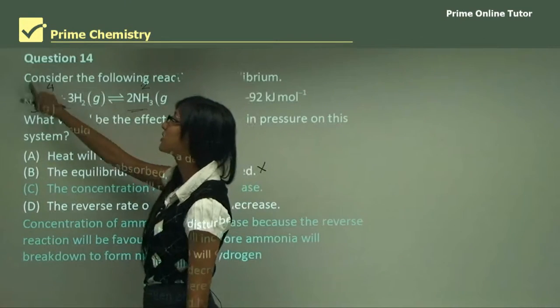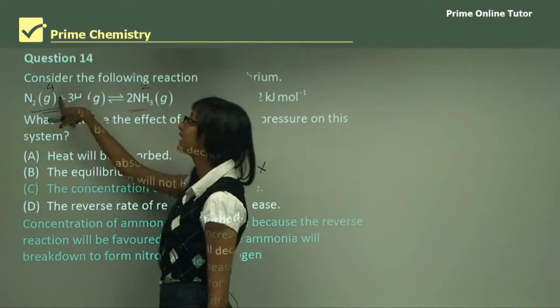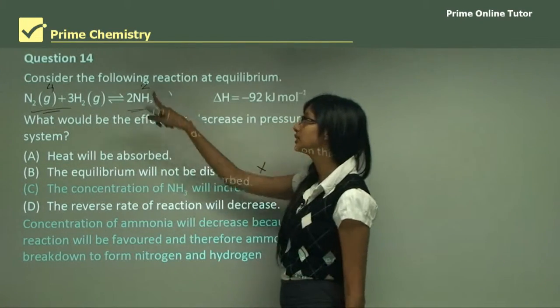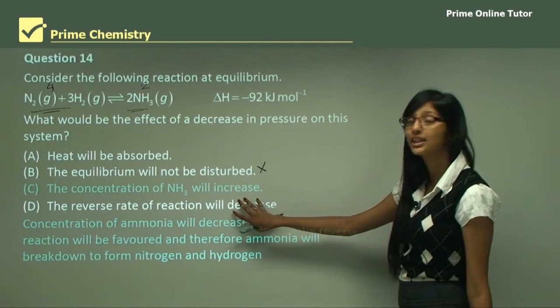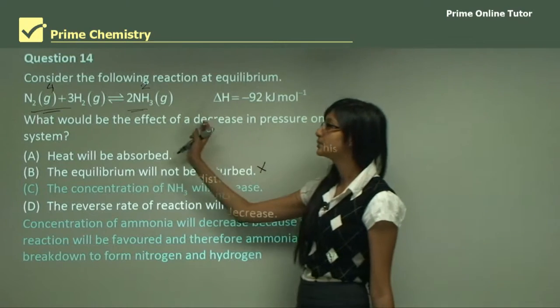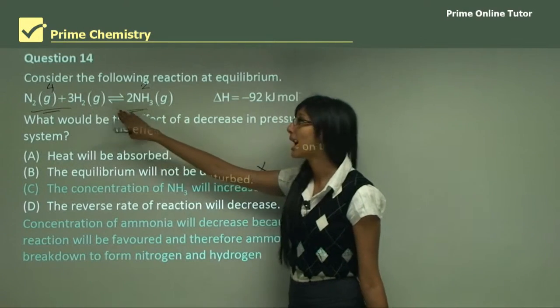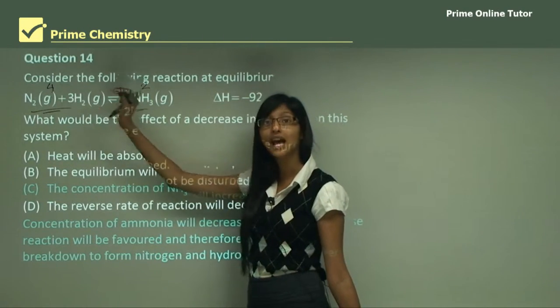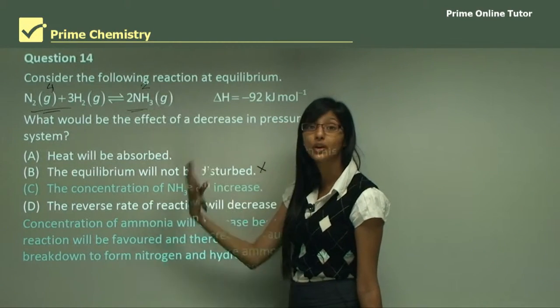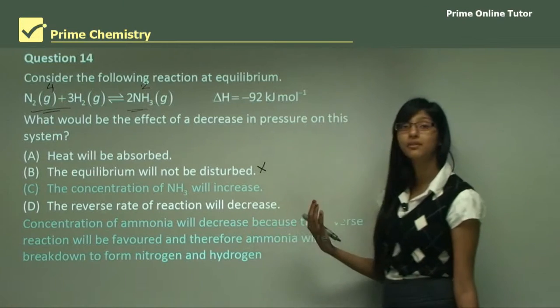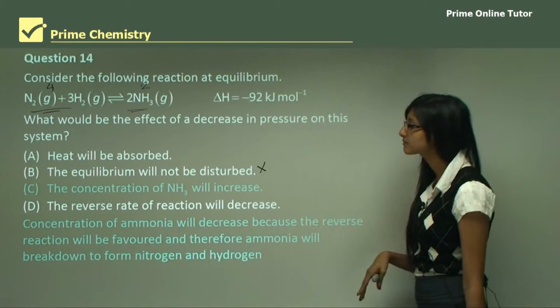Hence, the concentration of ammonia will not increase, because the reaction will move backward to increase the number of molecules, and for the reaction to move backward, the ammonia will dissociate, which means the amount of ammonia will decrease.